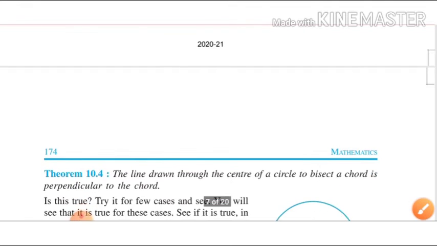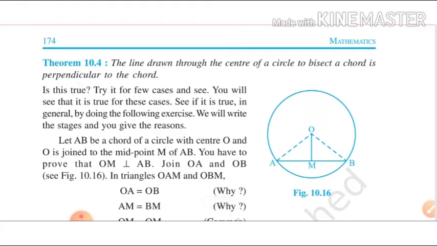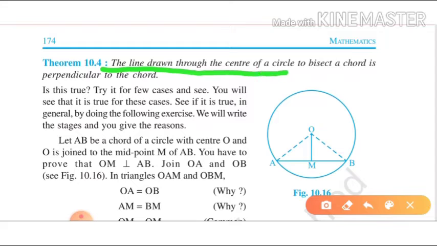Now this is the converse of this theorem. What it states, theorem 10.4, converse of theorem 10.3, is that the line drawn through the center of a circle to bisect a chord is perpendicular to the chord.